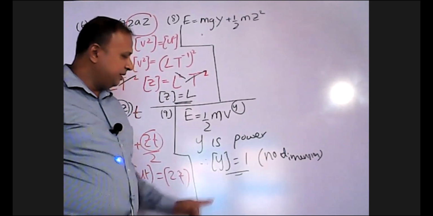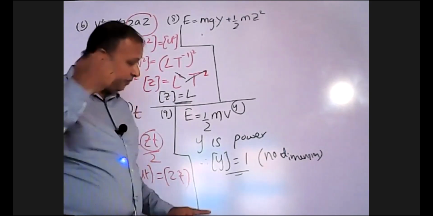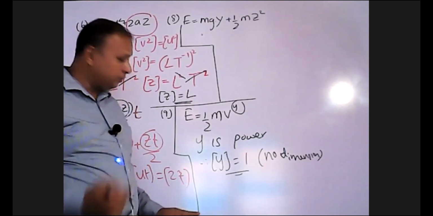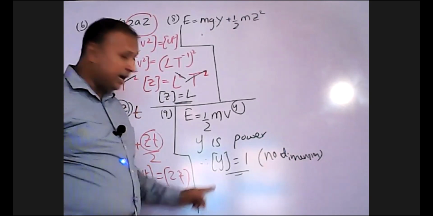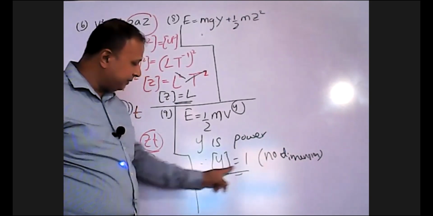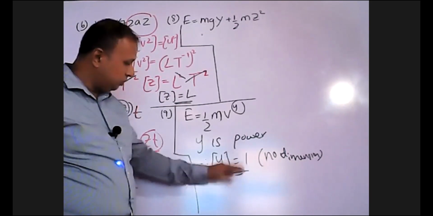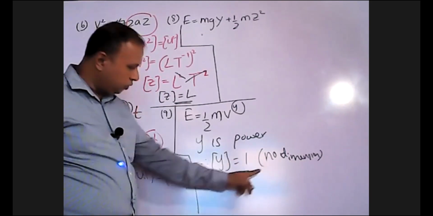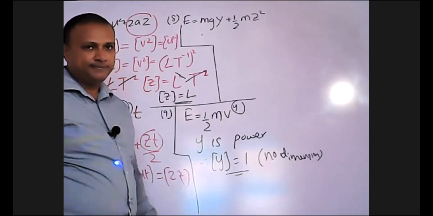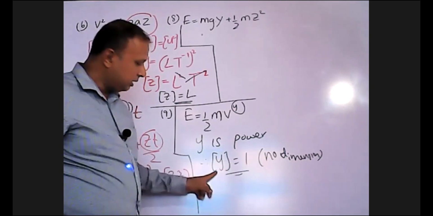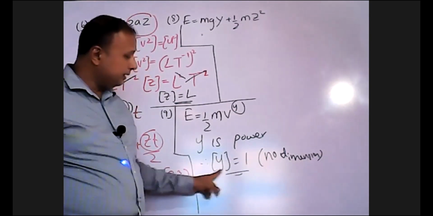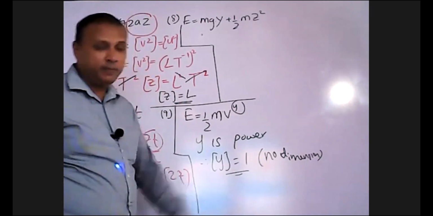But when you are doing calculation and you get the answer, you should write the dimension of y: it doesn't have a dimension, no dimension.